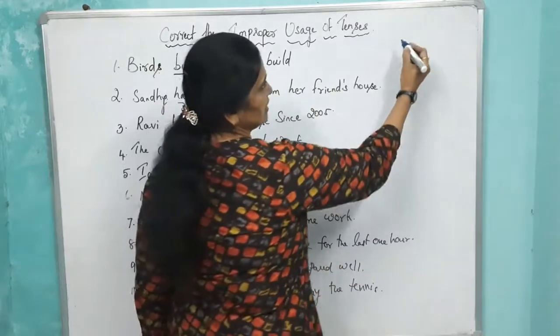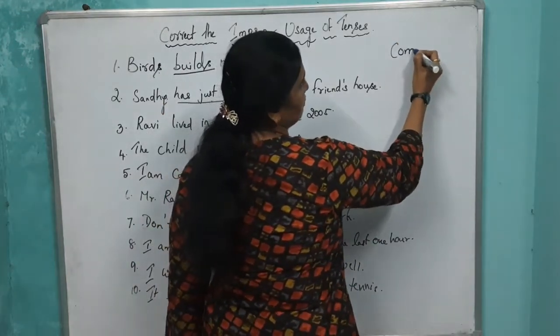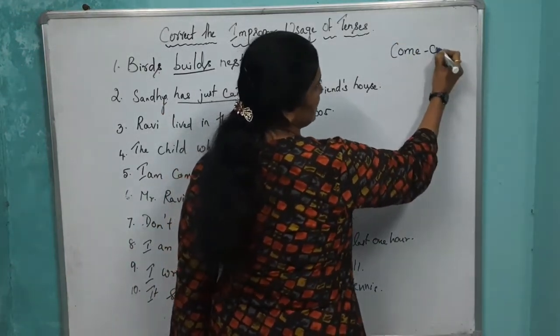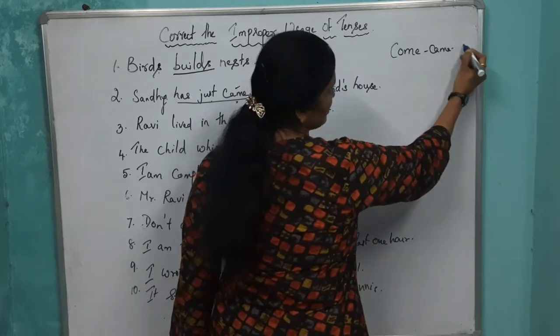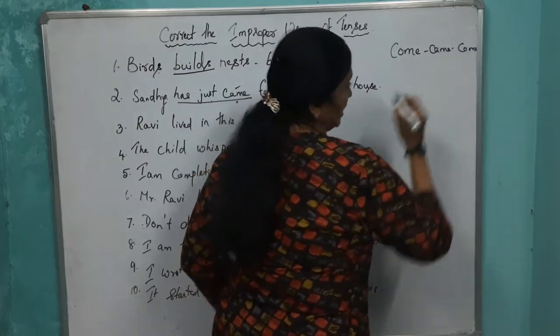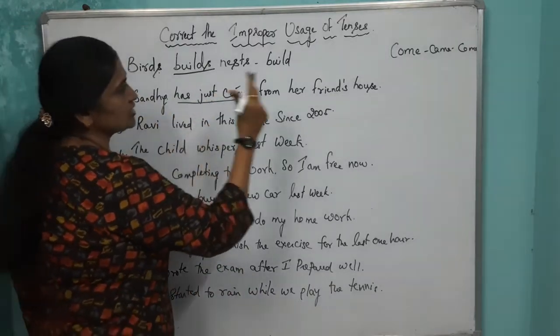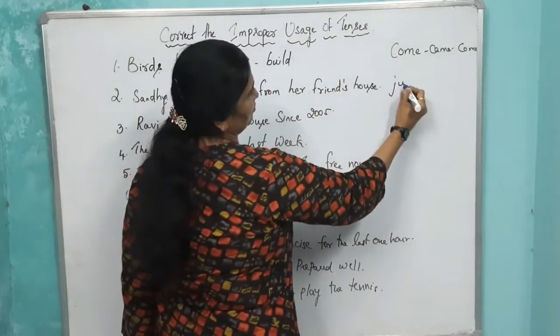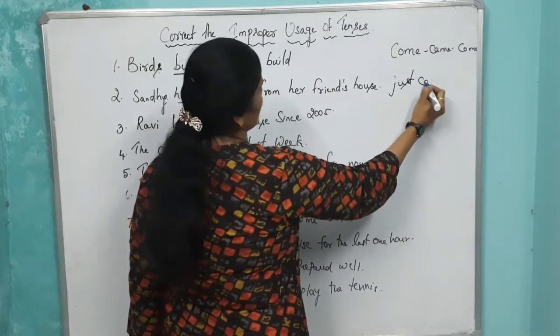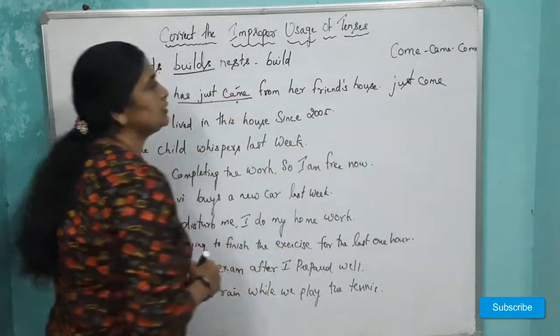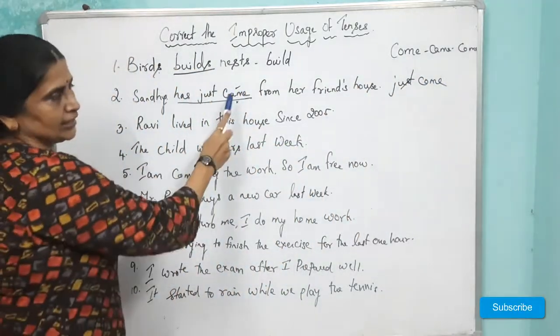What is the past participle for the verb come? Come is the present tense, came is the past tense, and come is again the past participle. So you have to say Sandhya has just come from her friend's house, not came.